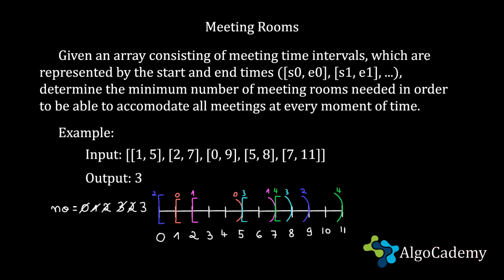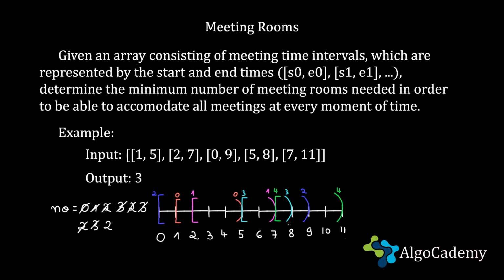At 6, nothing happens. Still 3 meetings taking place. At 7, 1 meeting is now finished, so I have 2. And then another one starts, so I have 3. Move on. Moment of time number 8: I have only 1 event and the meeting ends, so I have 2 meetings happening at the same time here. Am I right?